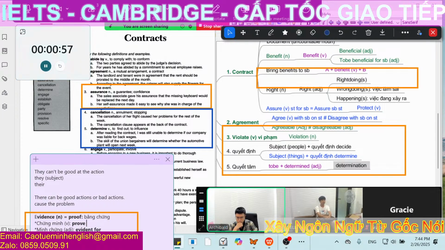Bring somebody something, bring something to somebody. So it can bring benefits to all the parties. Yes. And it can help us to have a determination in our work, so we don't violate any terms, any rules.